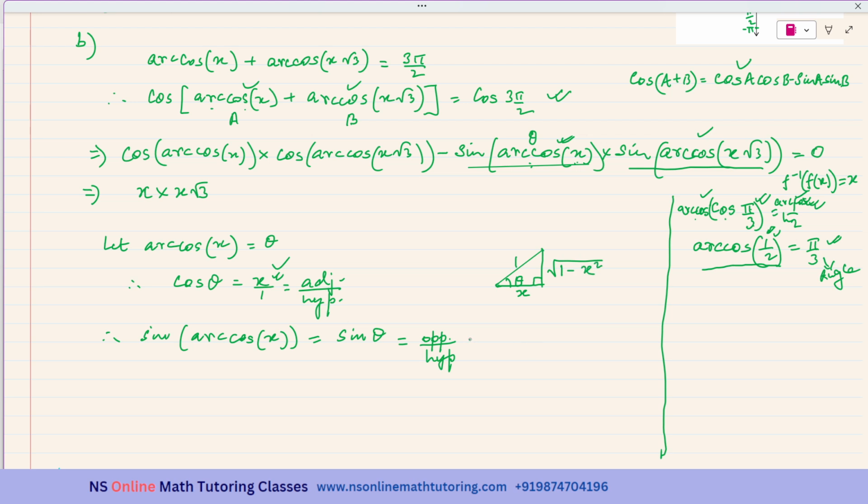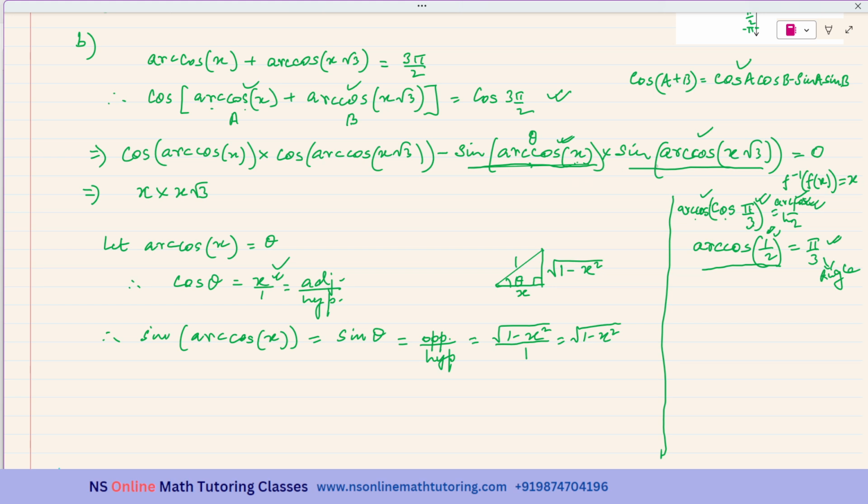Okay, so it will be equal to square root of 1 minus x square over 1, which is equal to square root of 1 minus x square. So we have got the expression of sine of arc cos of x.